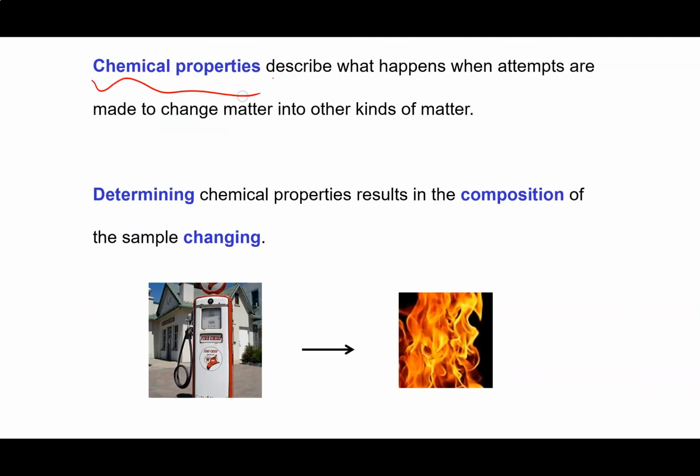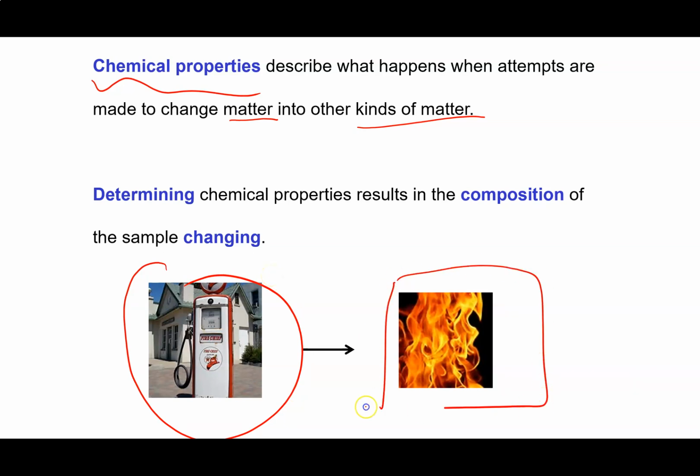Now, chemical properties describe what happens when attempts are made to change matter into other kinds of matter. So when we do attempt to make or break chemical bonds. So a classic example of determining a chemical property would be to see whether you could burn it, right? So if it was gasoline, we know that gasoline would burn well if we try to set fire to it.